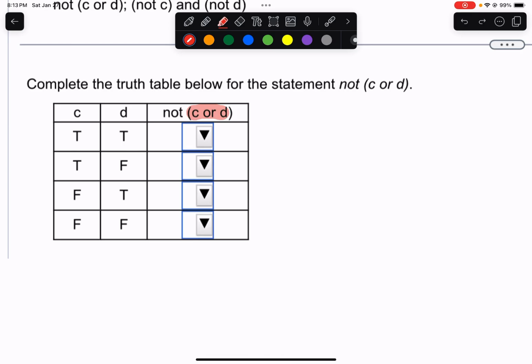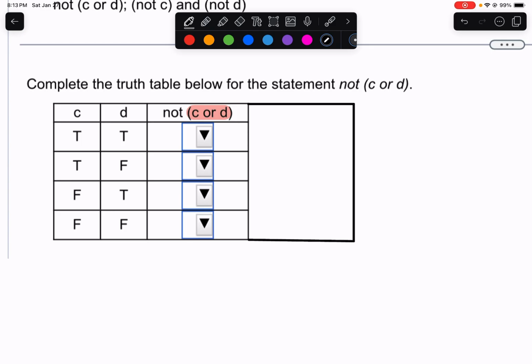What I will do is evaluate the truth value for C or D, and then I will just negate that. Okay? So let me extend this table a little bit to the right, instead of doing this in a single step.